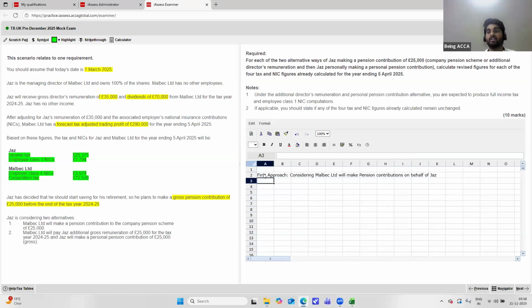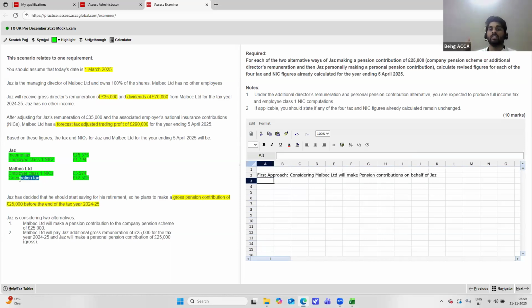For that, we should calculate how the income tax will be affected, how Jazz's Class 1 NIC contributions will be affected, how Malbec Limited's employer Class 1 NICs will be affected, and how the corporation tax will be affected.